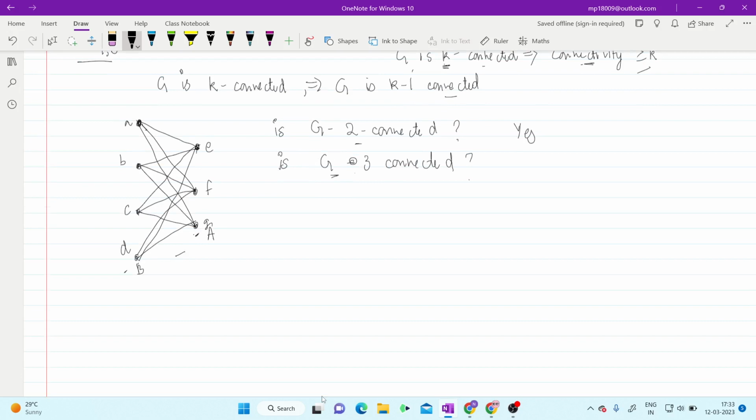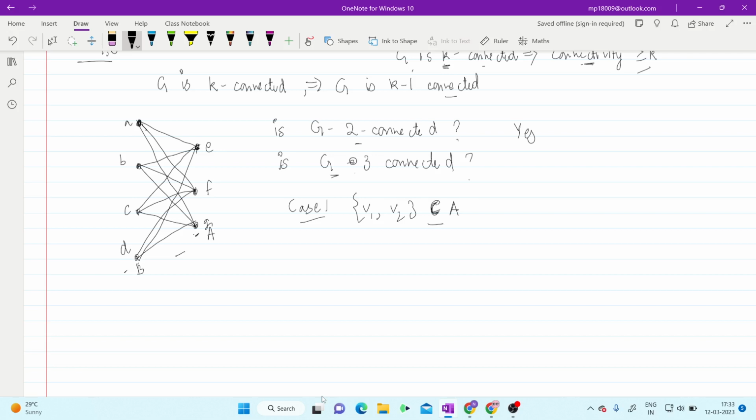Let's show this. We have to check that if we remove any two vertices, this graph should remain connected. So case 1 is where V1 and V2 both belong to A.